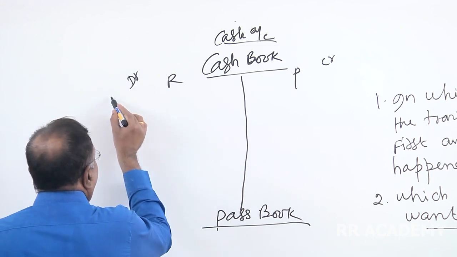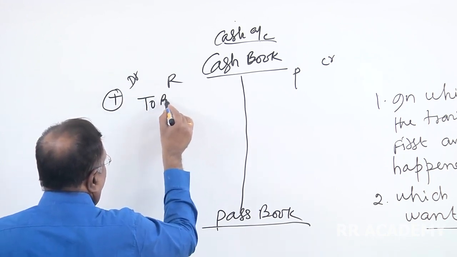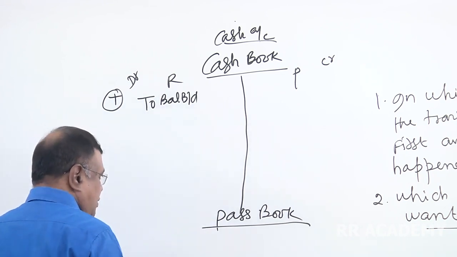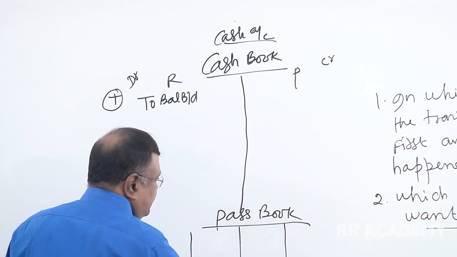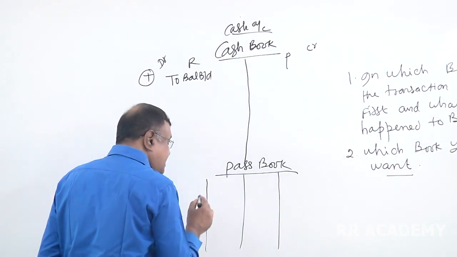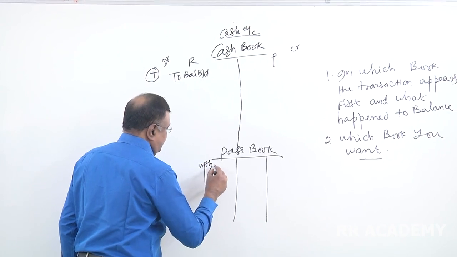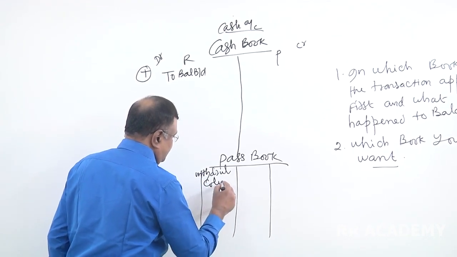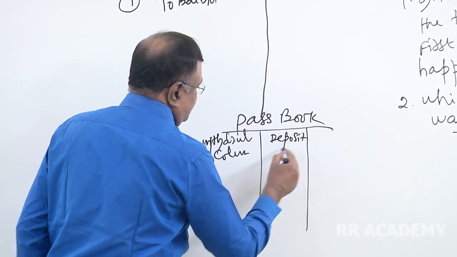Cash book always shows a debit balance as balance brought down. Likewise, passbook does not have sides, only columns: the withdrawal column and the deposit column.